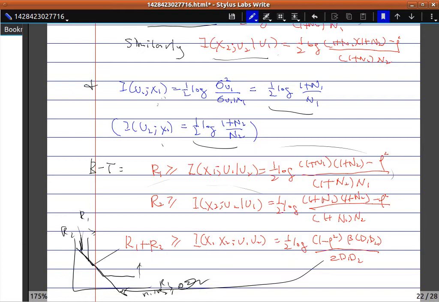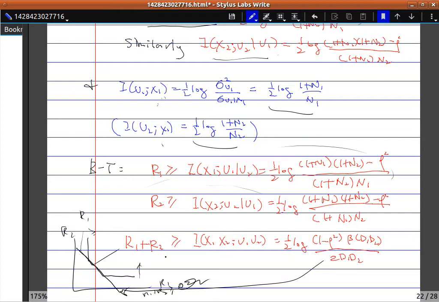But what is interesting here is that the bound for R1 plus R2 does not depend on the choice of M1 and M2, but the bounds for R1 and R2 do depend on the choice of M1 and M2.